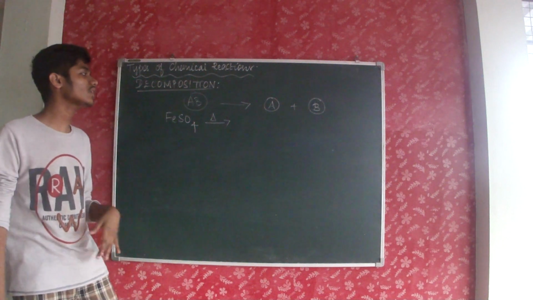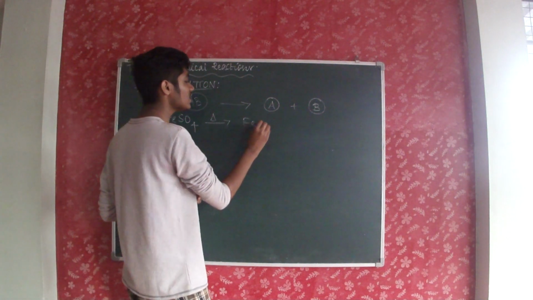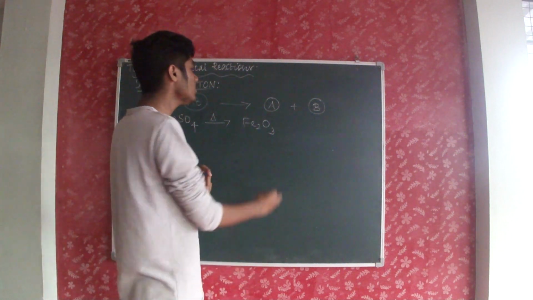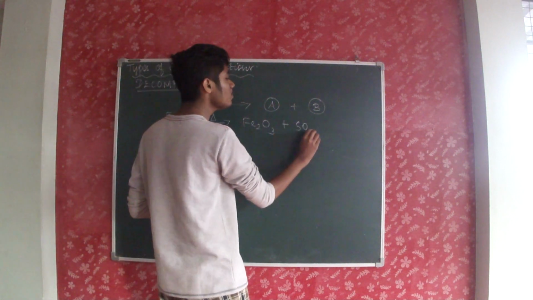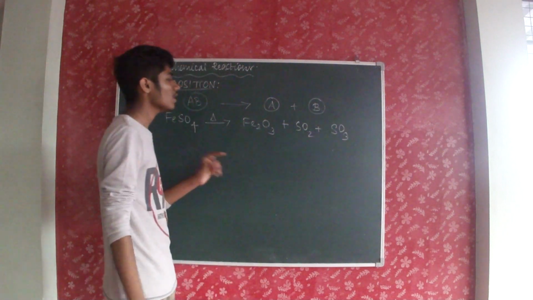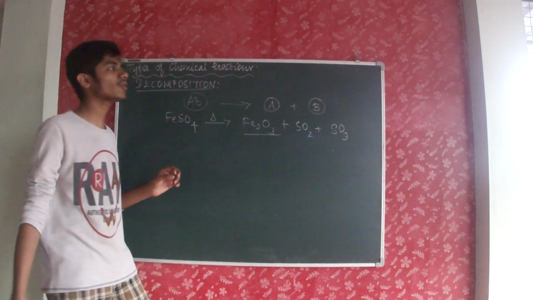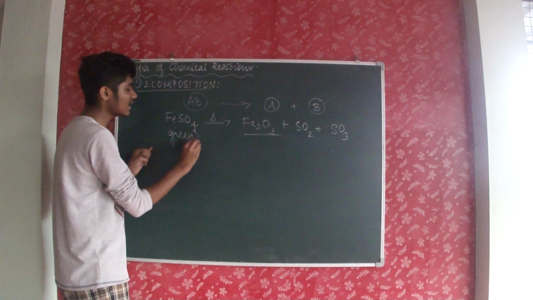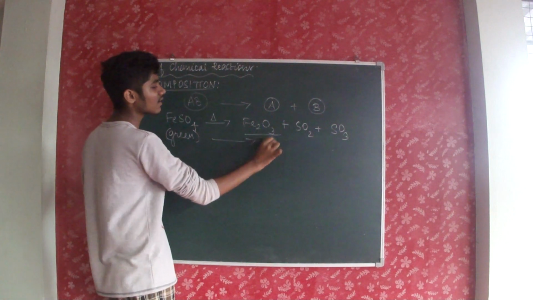So FeSO4 on heating gives Fe2O3. This is a major product which is formed, along with SO2 plus SO3. I told you that this is green in color, and it changes to some other color.